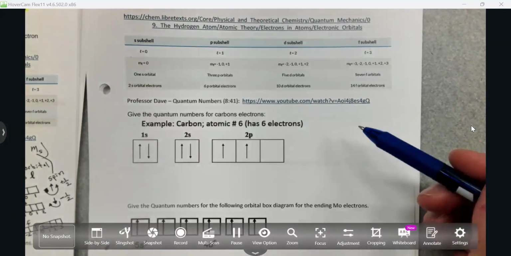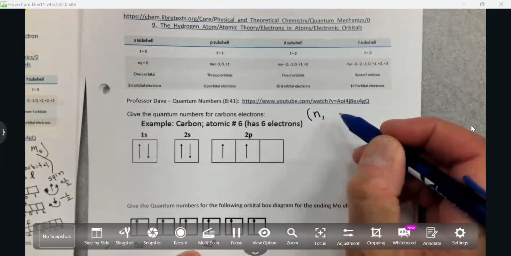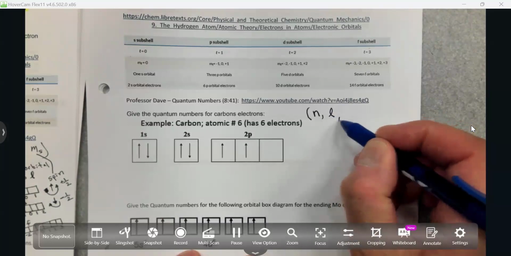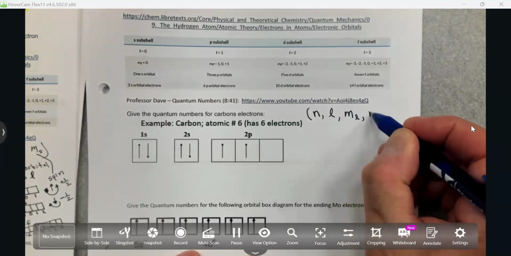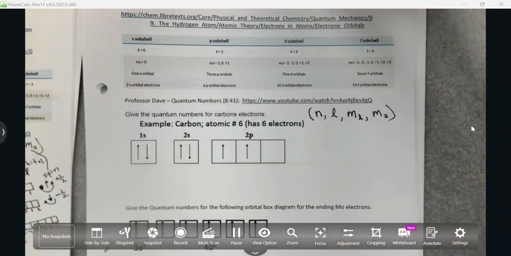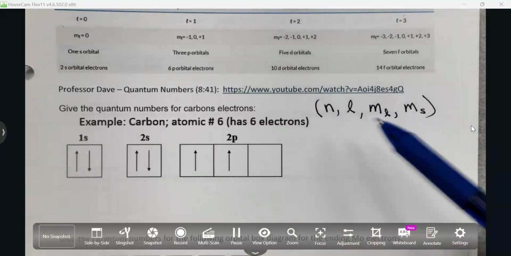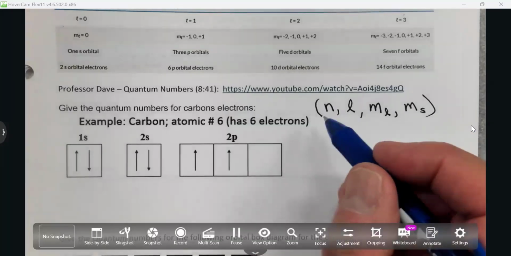Quantum numbers are a set of numbers: n, l, m sub l, and m sub s. Please write it down like this. There are 4 numbers in parentheses separated by commas, and these 4 numbers are going to tell you where the electron is, what level it's in, first of all.